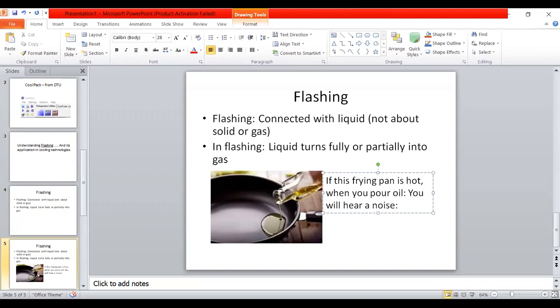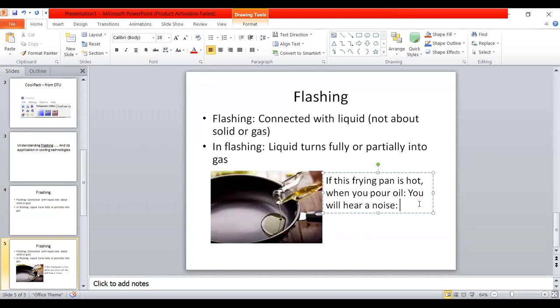If this pan is hot enough, or hot, let's say, later we will talk about the temperatures. When you pour oil onto the pan, you will hear a noise. So that is flashing.